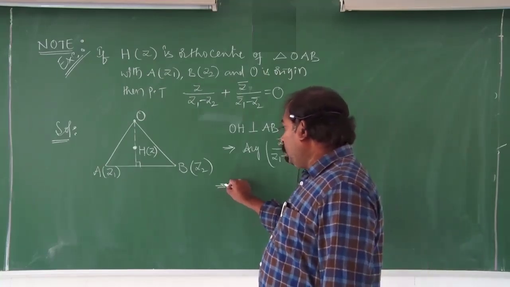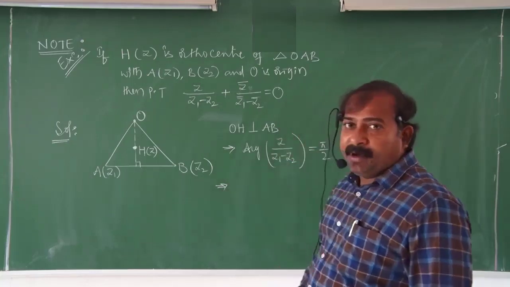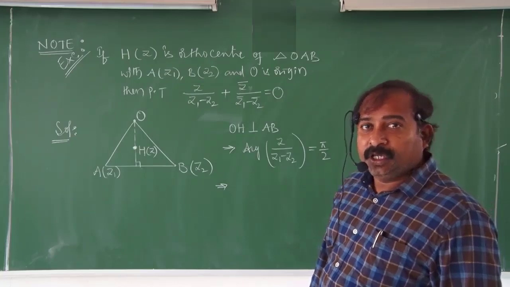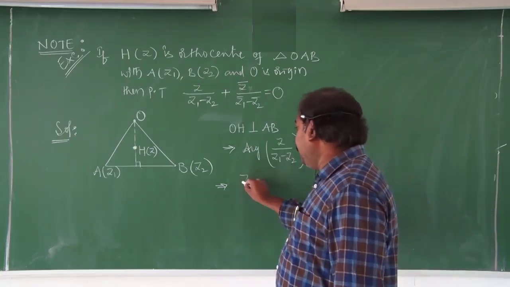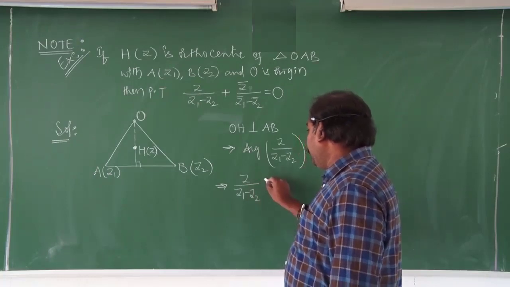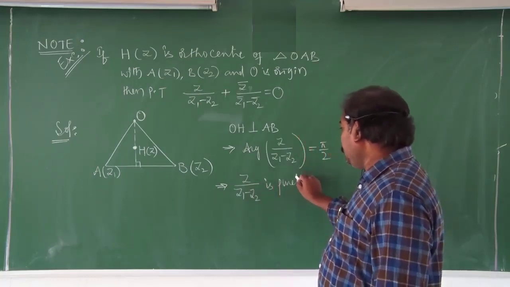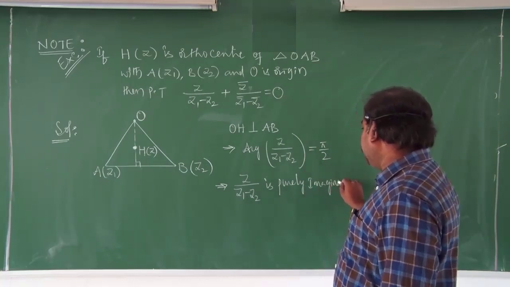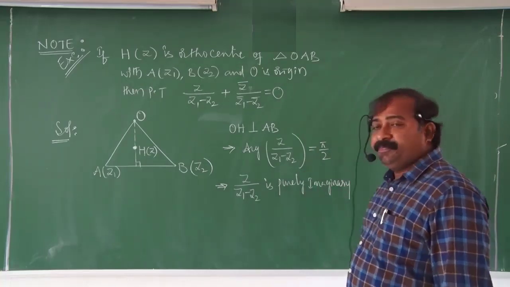When a complex number's argument is pi by 2, that complex number is purely imaginary. So here z by z1 minus z2 is purely imaginary.